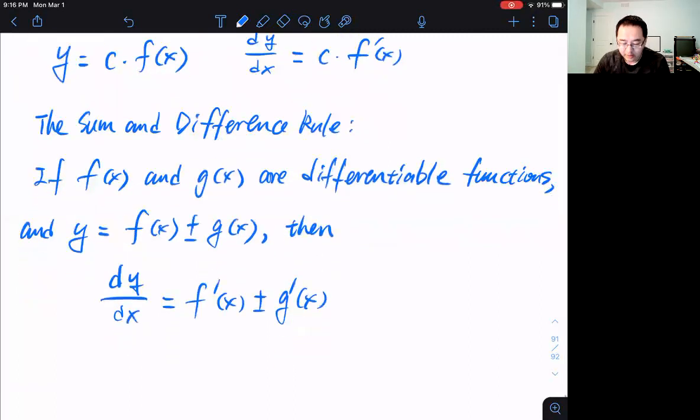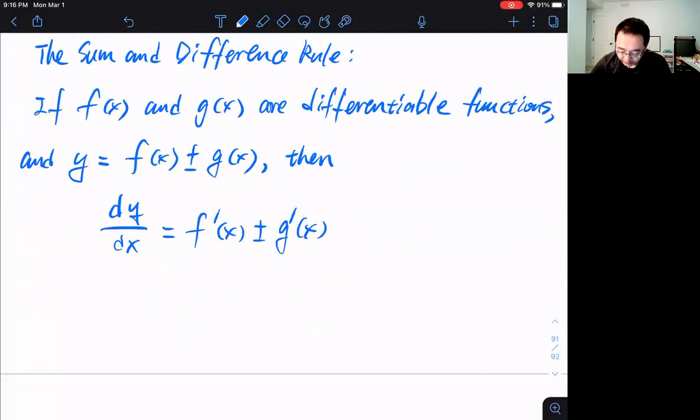So this is saying that if y is the sum or difference of two differentiable functions, then the derivative of y is the sum or the difference of the derivatives of those two functions. Remember that derivatives come from limits, and limits are very flexible in terms of being manipulated. The limit of a sum equals the sum of the limits, and the limit of a difference equals the difference of the limits. So that's how this got carried over.